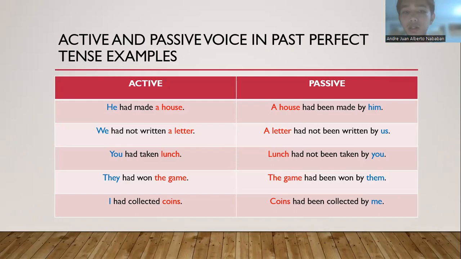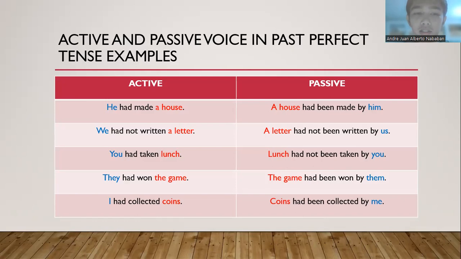We see here the red color is the object, a house. When it's transformed to the passive, the object from the active, a house, becomes the subject. Had been made by. It's literally the formula. Had been made and by. By who? By him, taken from he.